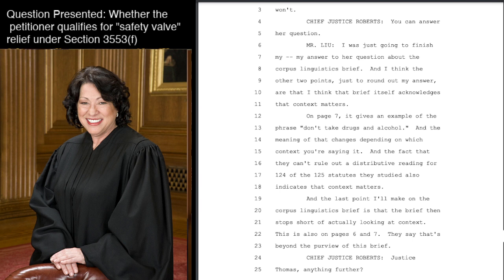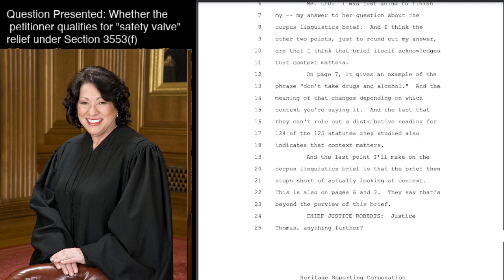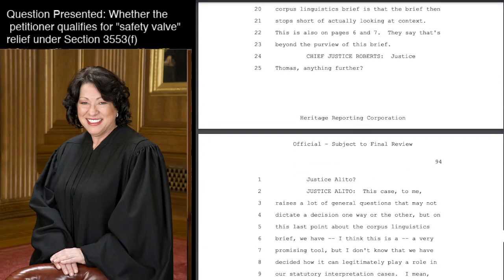And the fact that they can't rule out a distributive reading for 124 of the 125 statutes they studied also indicates that context matters. And the last point I'll make on the corpus linguistics brief is that the brief then stops short of actually looking at context. This is also on pages 6 and 7. They say that's beyond the purview of this brief.